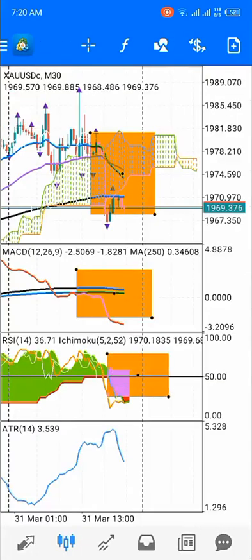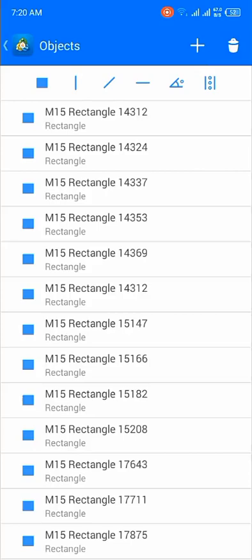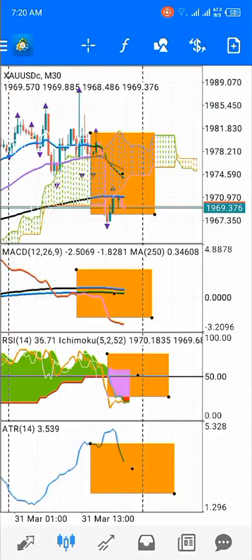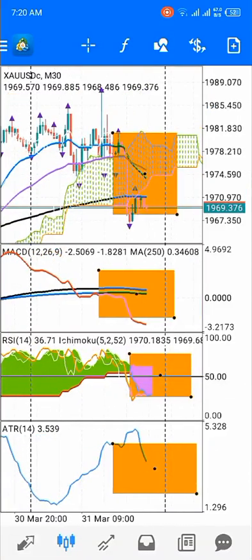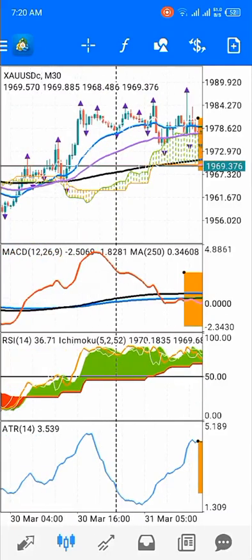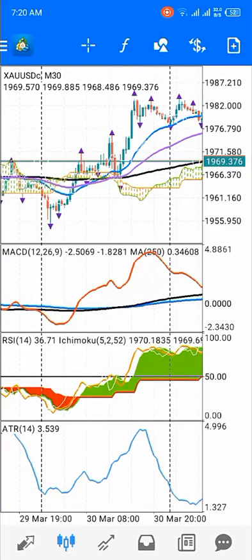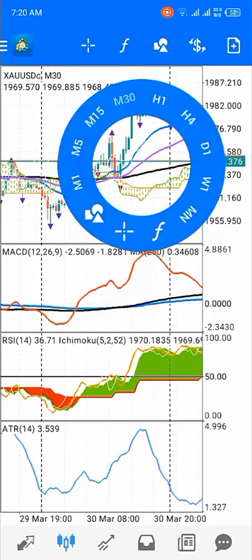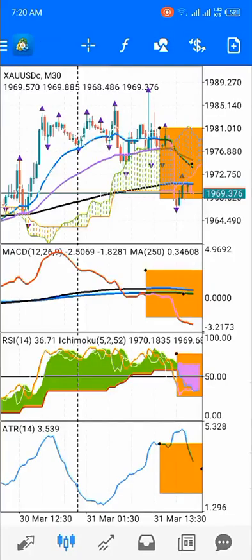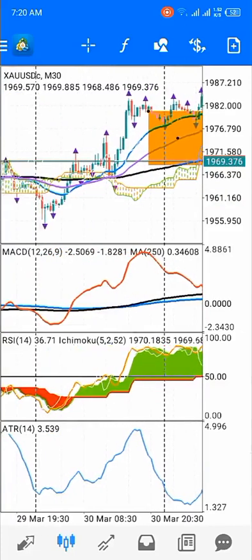We have indicator window 2, and then we have indicator window 3. It's divided into 4 rather. So we have some indicators on each window.